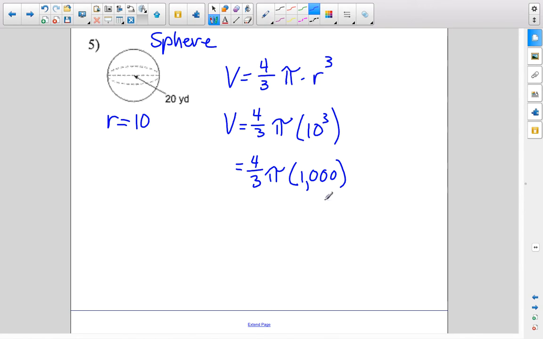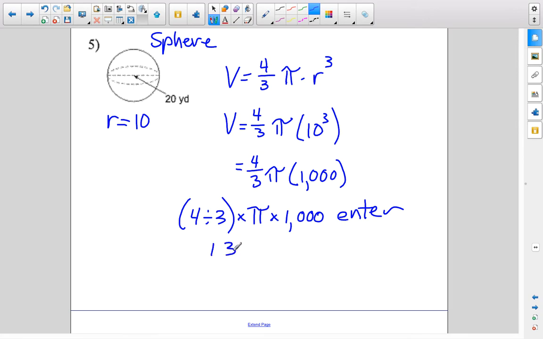So I'll show you how to put this in your calculator. We're going to start with opening a parenthesis. 4 divided by 3, close the parenthesis, times pi, hit your pi button, second pi probably, times 1,000, and then hit the enter button. So you're probably going to get something like 1333.33333 as far as it goes, pi, if it's in terms of pi.